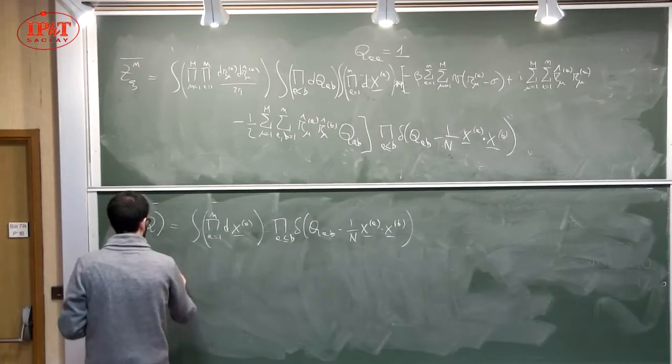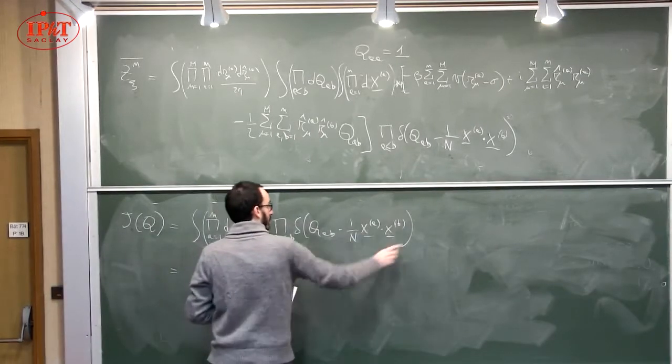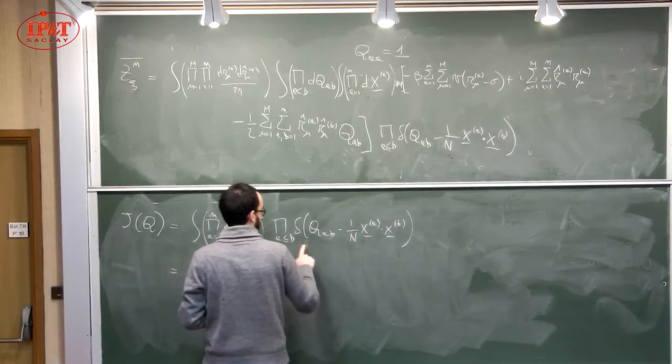so the way in which I compute this is just I introduce the Fourier representation of this function.